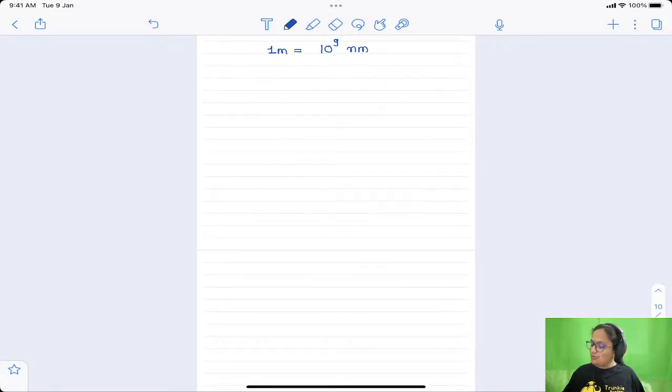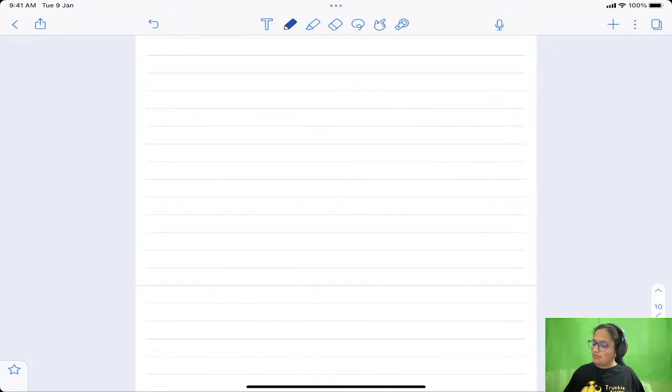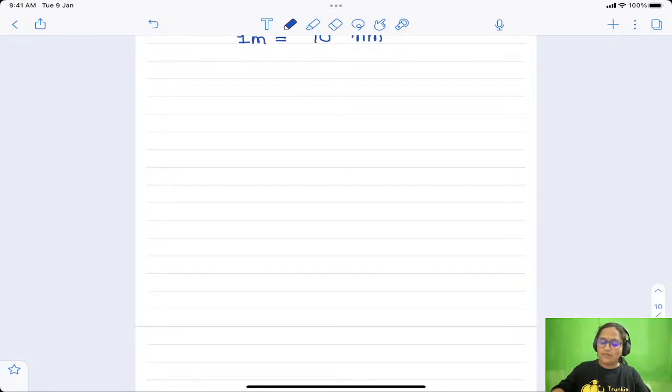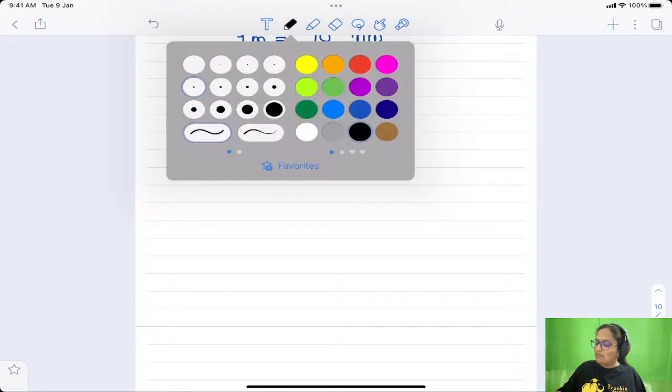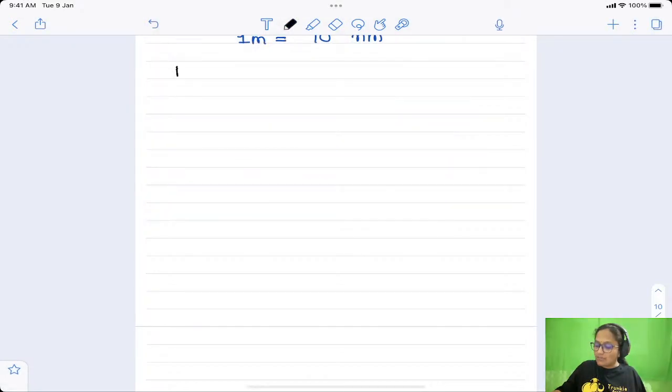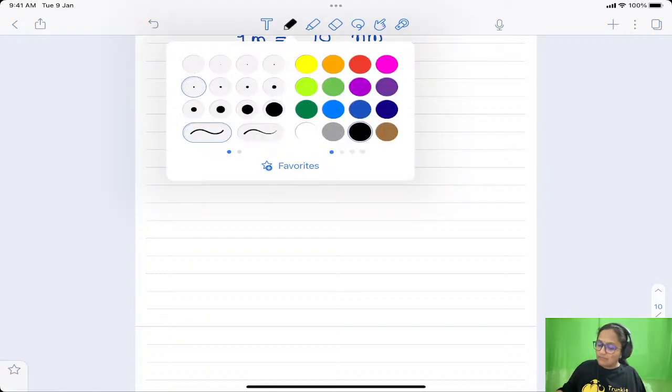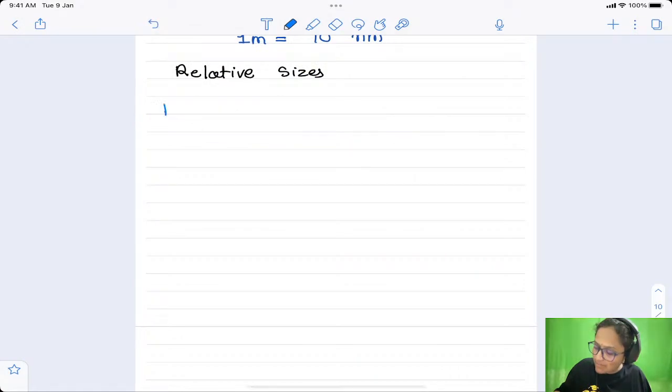Now I am going to show you the comparison of the sizes of atoms with some other species, that is nothing but relative sizes. I am going to express it in terms of radius.